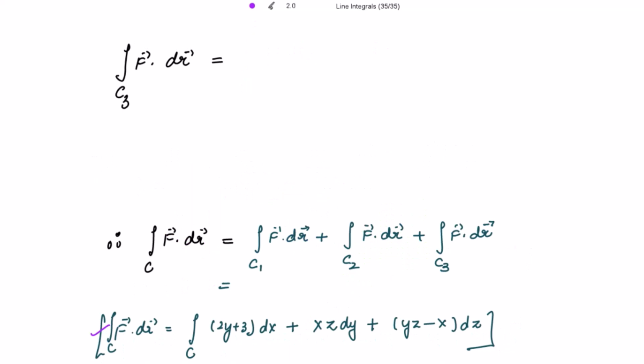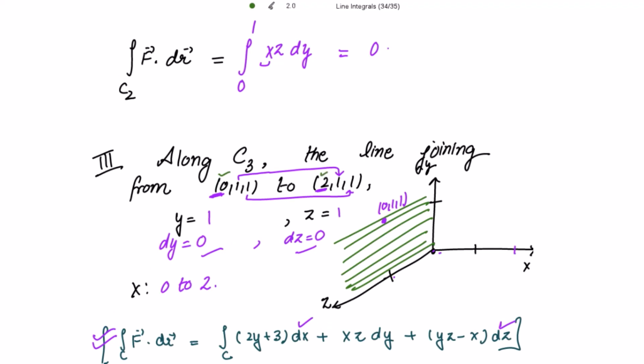Now finding the line integral along C3 where dy and dz are 0. The integral is already written over here. We have (2y plus 3) dx, and x varies from 0 to 2. Also, y is 1 and z is 1.